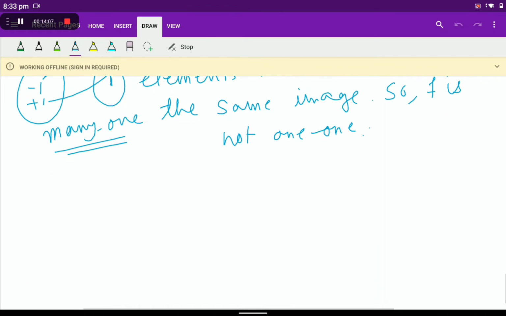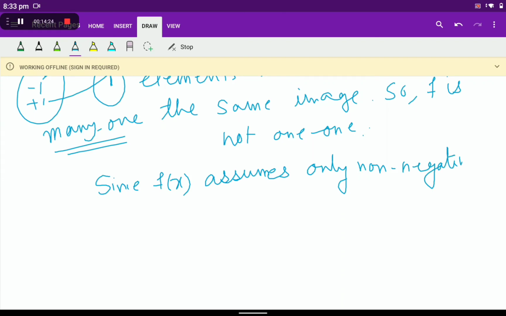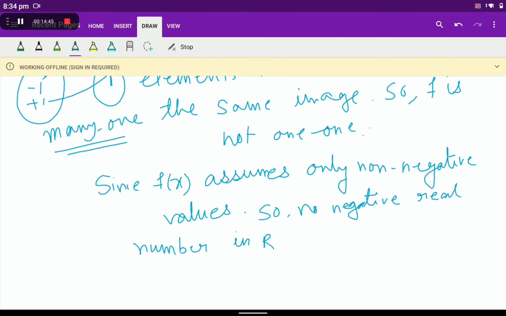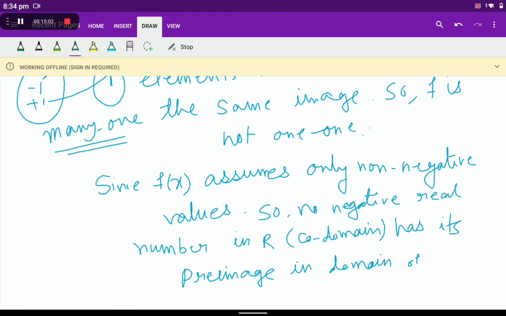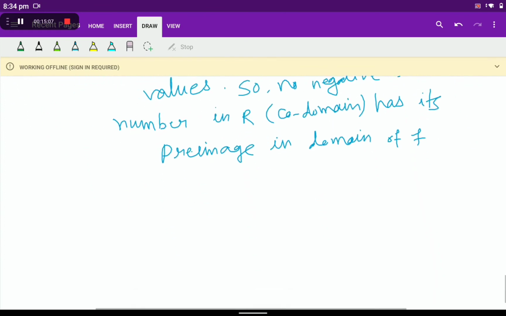Since f of x assumes only non-negative values, no negative real number in R, that is the codomain, has its pre-image in the domain of F, that is R.